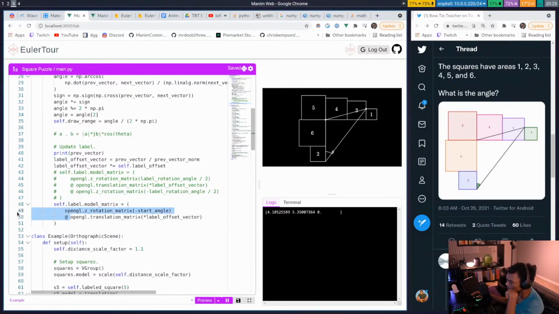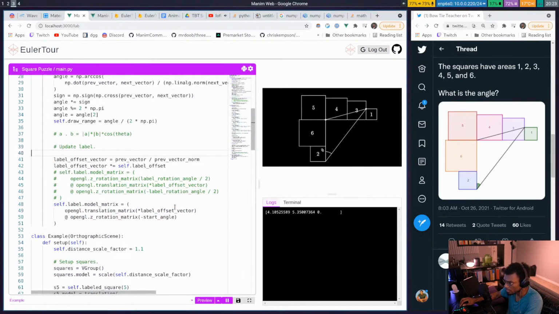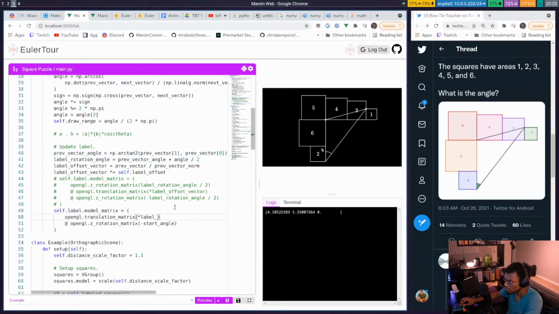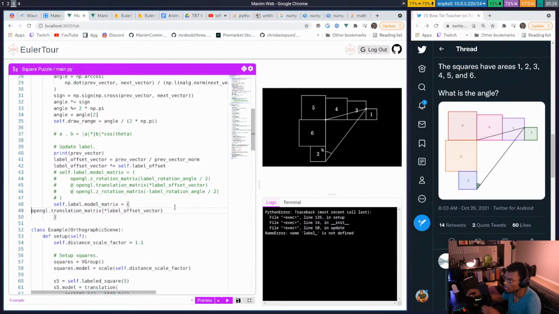Wait, what does the translation alone do? I have to go back and try to adapt what I did before. It's so close, I think.